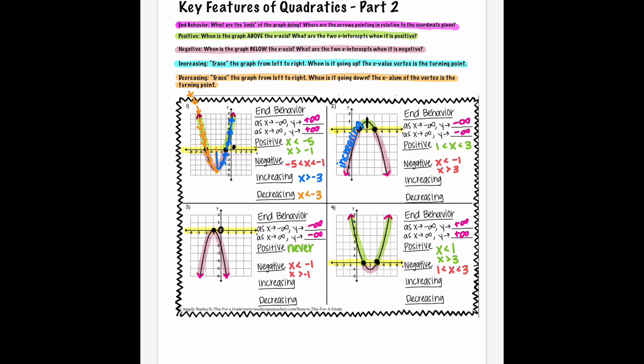So anytime that x is less than 2, from 2 all the way to the left, that graph is going up when you trace from left to right. Then from 2 moving to the right, the graph is decreasing. So when x is bigger than 2, that graph is decreasing.